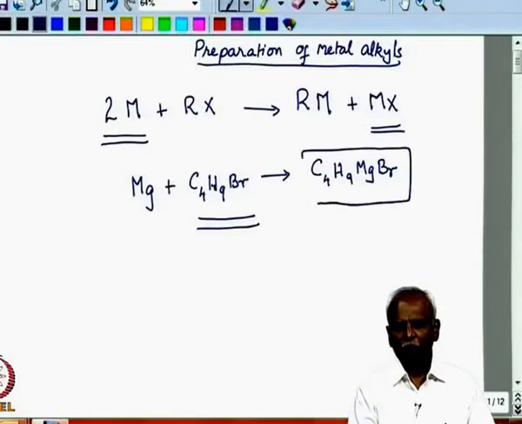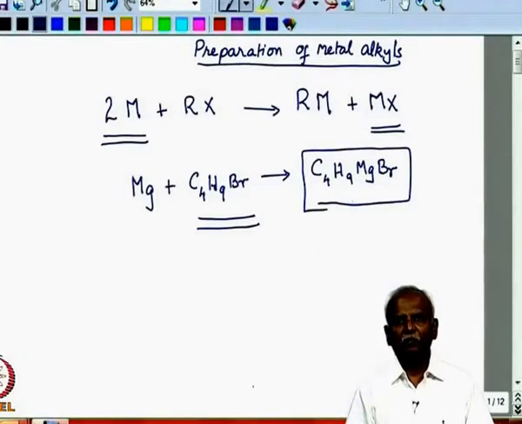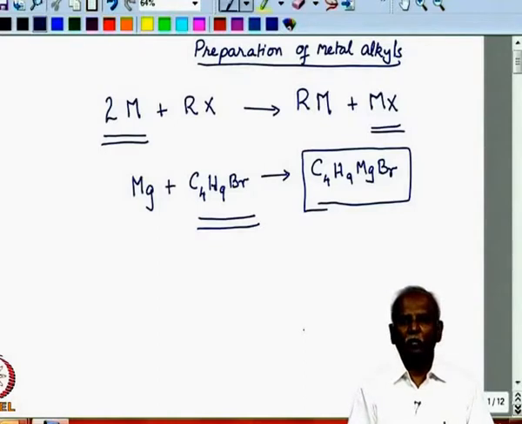And this butyl magnesium bromide, although we write it in this particular fashion, is not necessarily the same in solution. It is in equilibrium, as we shall see shortly, with other species, but nevertheless it is convenient to talk about it as if it is butyl magnesium bromide in this fashion.